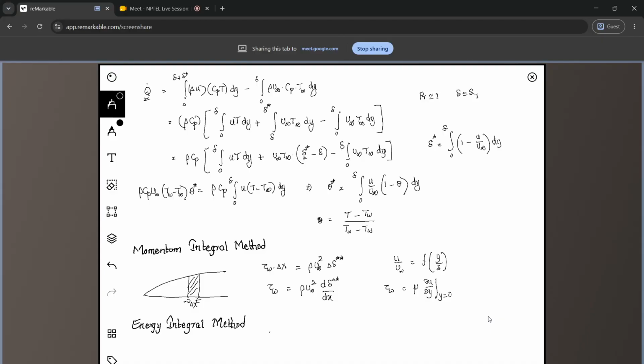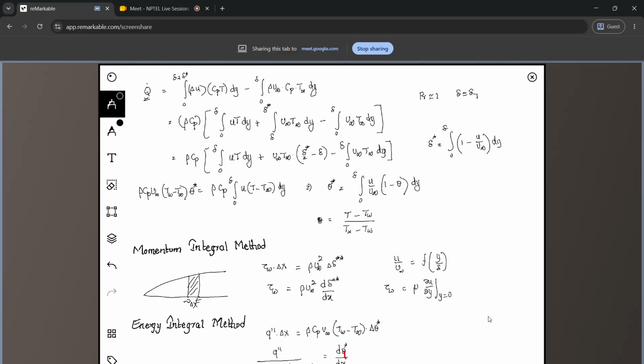We have the net heat flux times the differential element that we are considering, given by the energy thickness, which is rho Cp u infinity times Tw minus T infinity times theta star. So in the limiting case, we have Qw by rho Cp as d theta star by dx.